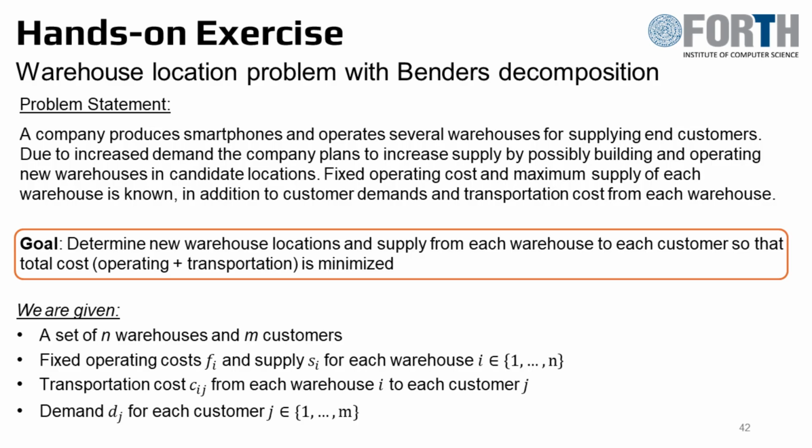So we are given the following: the number of candidate warehouses, denoted by N, the number of customers, denoted by M, for each warehouse i, a fixed operating cost F_i and maximum supply capacity S_i, for each pair of warehouse i and customer j, a transportation cost C_ij, and for each customer j, a demand D_j.